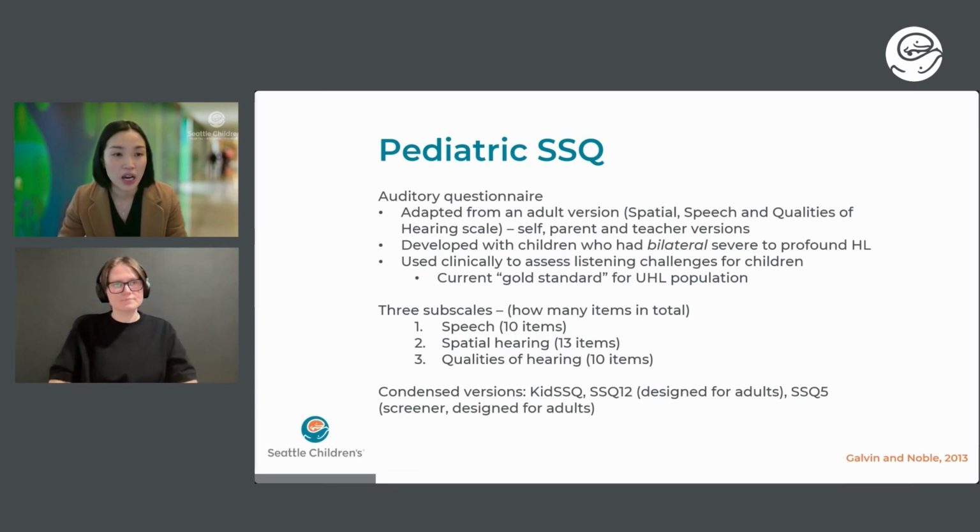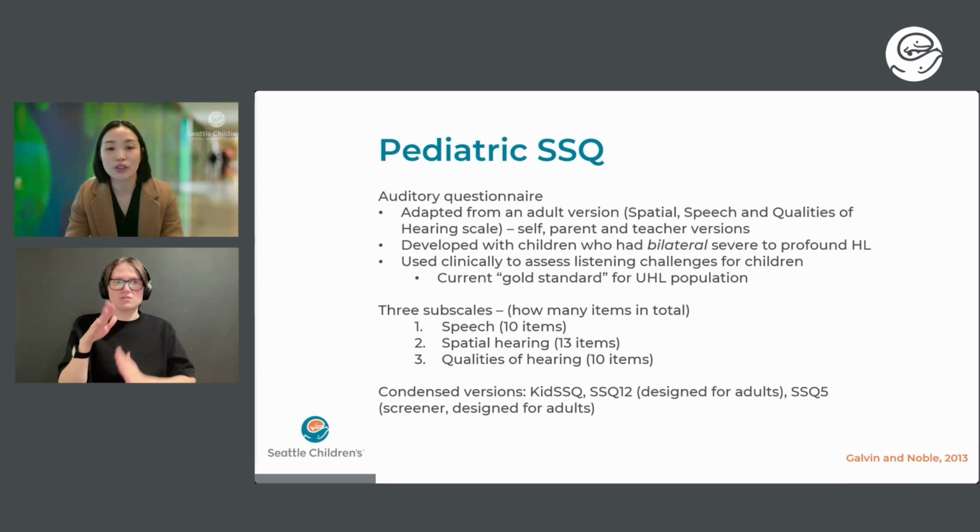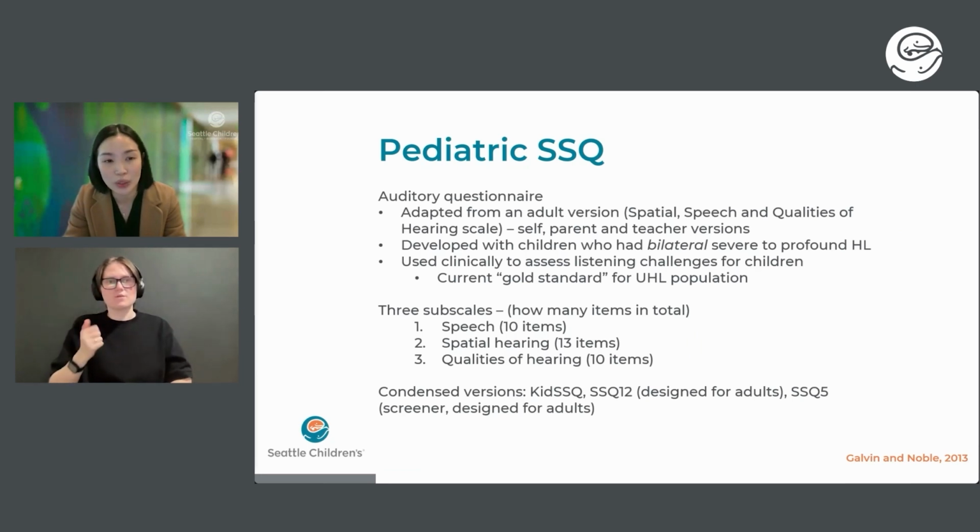Interestingly, the pediatric SSQ is considered the gold standard in our clinic for assessing listening challenges for children with unilateral hearing loss. But it was developed with children who had bilateral severe to profound hearing loss.